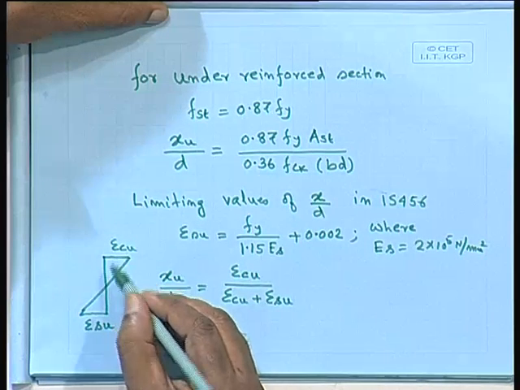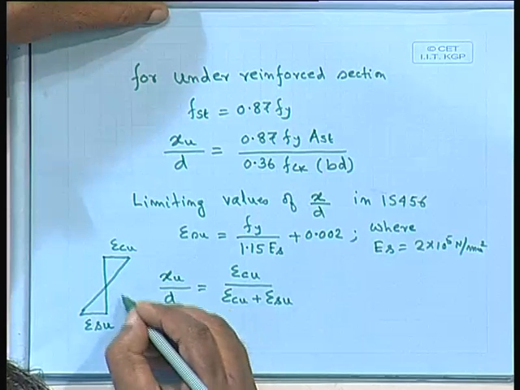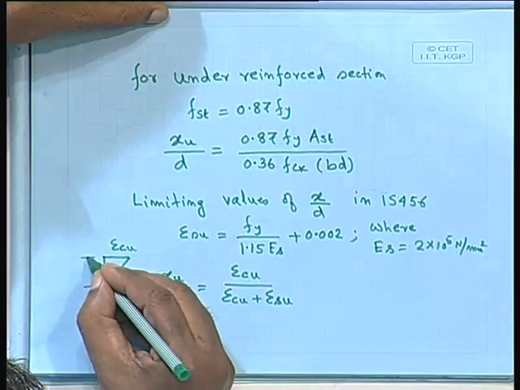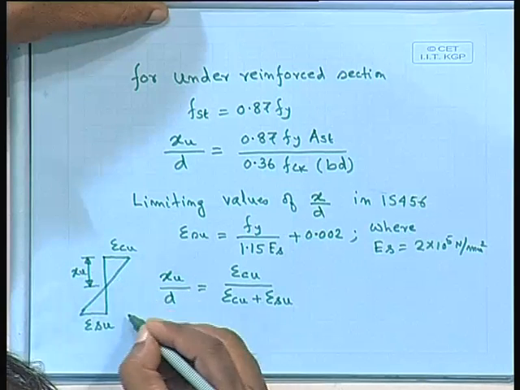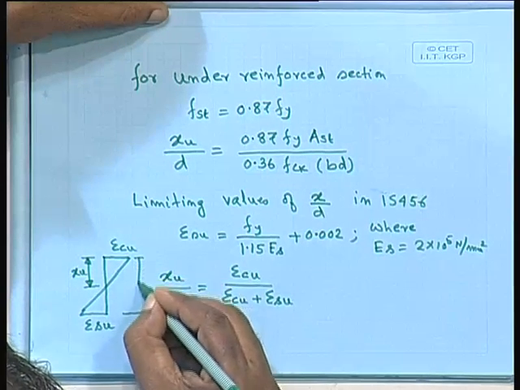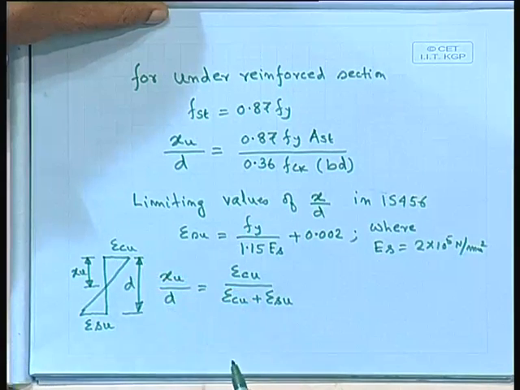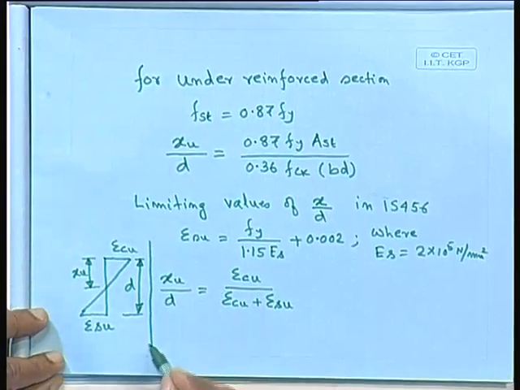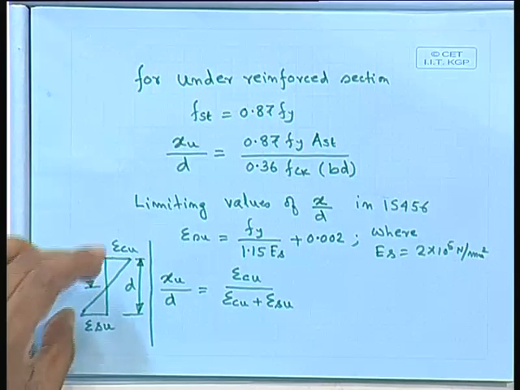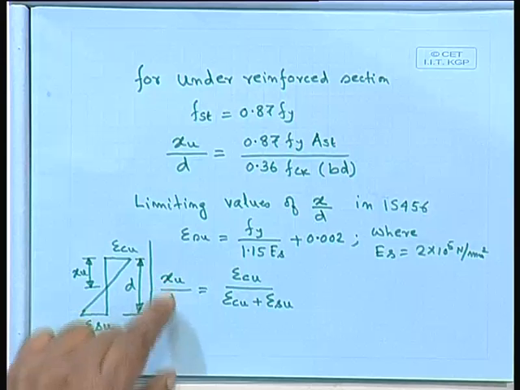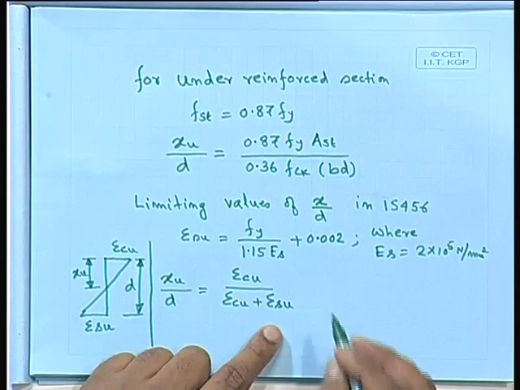So, let us say this one Xu and total depth D. So, from this similar triangle principle, we can find out Xu by D equal to epsilon Cu by epsilon Cu plus epsilon Su.